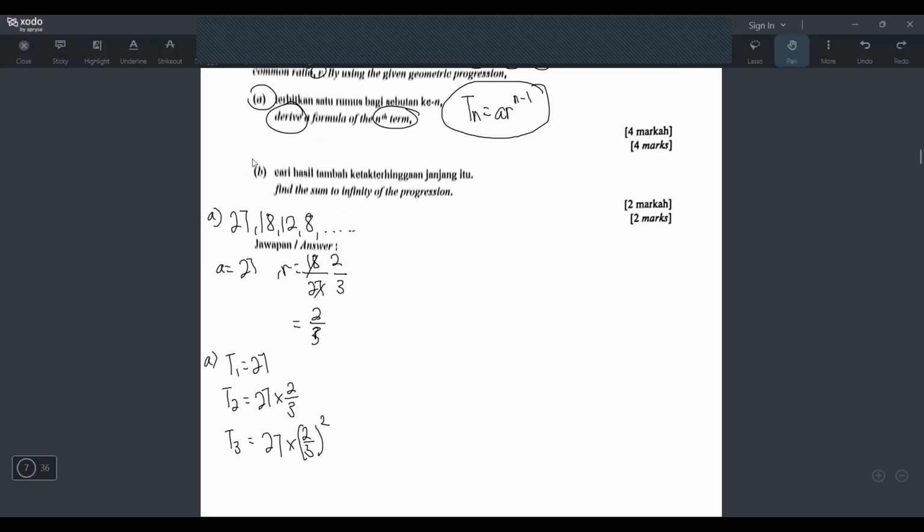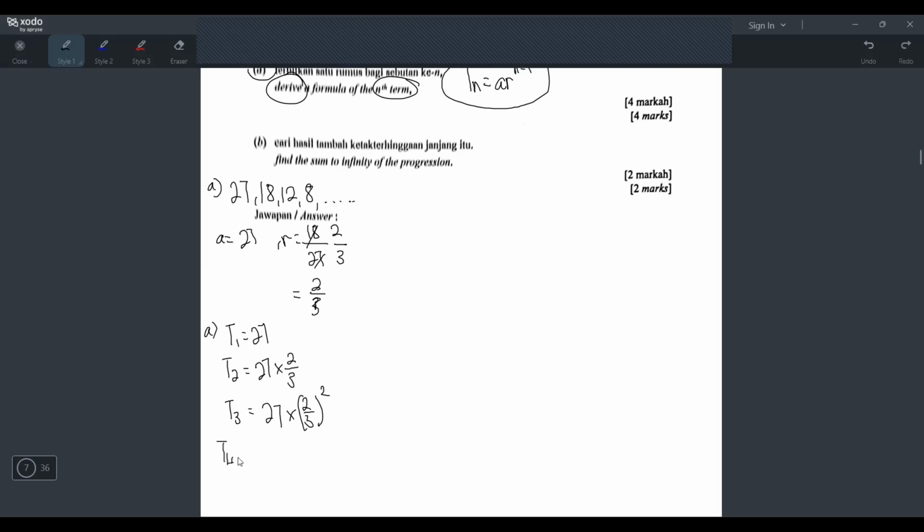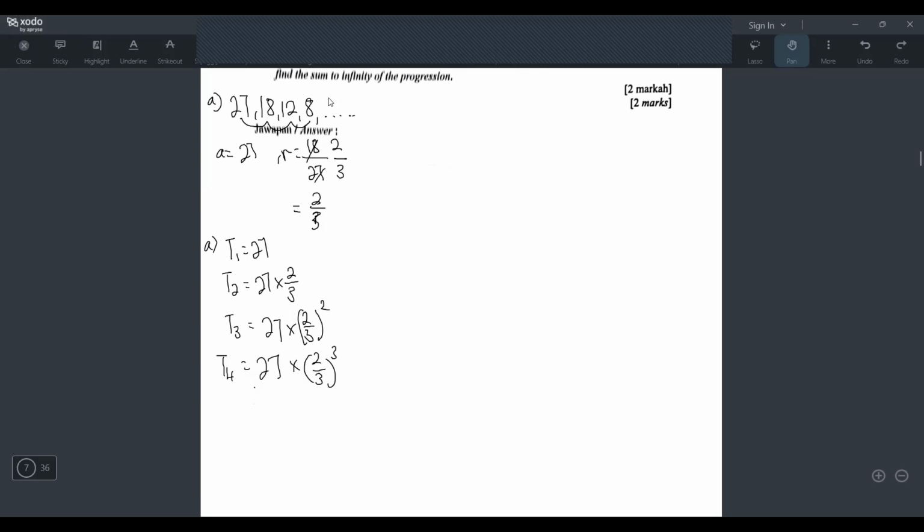Then what about the T4? The T4 is actually 8. But where does the 8 come from? It's actually 27 times 2 over 3 times 2 over 3 times 2 over 3. But times 2 over 3 how many times? 3 times, right? And did you realize if you keep going, there is a pattern to this? What's the pattern here?